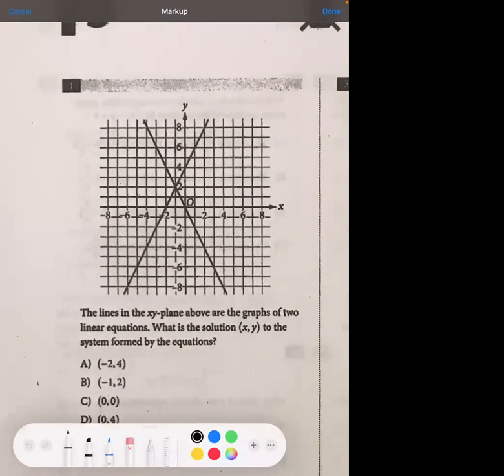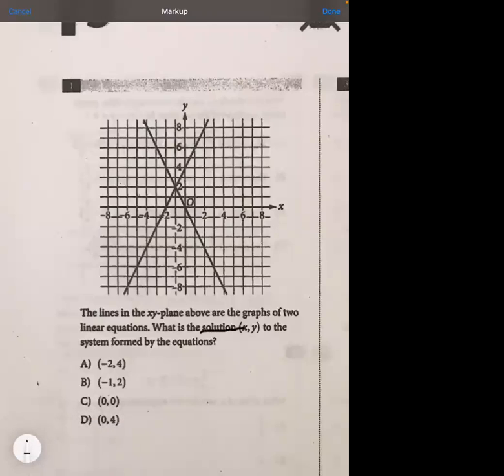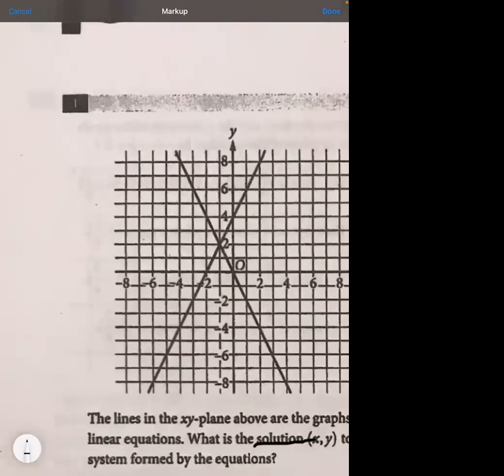When the SAT asks you what the solution of a problem is, it is basically asking at which point the two lines intersect. As we can see, there are two lines on the graph above. The intersection point is right at this point that I just circled.